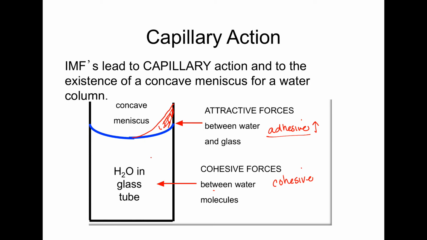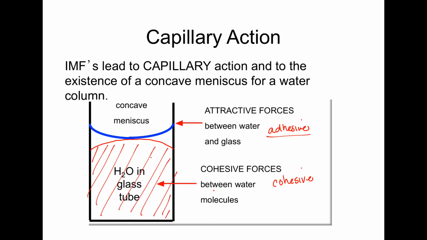But if the cohesive forces are stronger, we get a meniscus that looks like this. The substance is pulling itself away from the surface. That's what happens for mercury atoms. Their cohesive forces, their attraction to each other, are higher than their attraction to the surface. So they group together in the middle of the tube, trying to stay away from the surface of the glass.